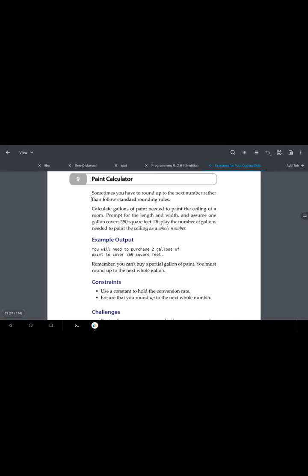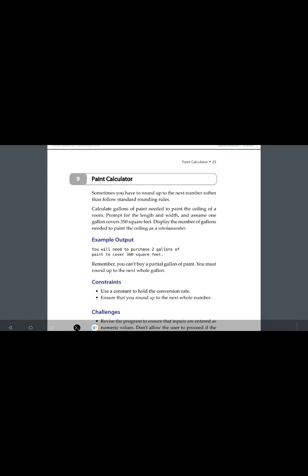So this exercise, paint calculator. Sometimes you have to round up to the next number rather than the standard rounding rules. Calculate gallons of paint needed to paint the ceiling of a room. Prompt for the length and width and assume 1 gallon covers 350 square feet. Display the number of gallons needed to paint the ceiling as a whole number.